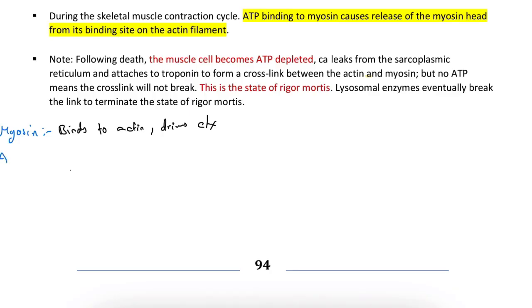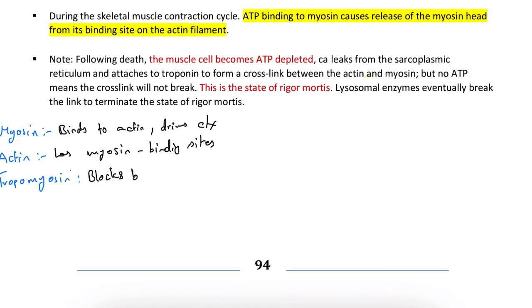Next, if you look at the actin function, actin helps by providing myosin binding sites. Next we can see tropomyosin. The tropomyosin blocks binding sites at rest.